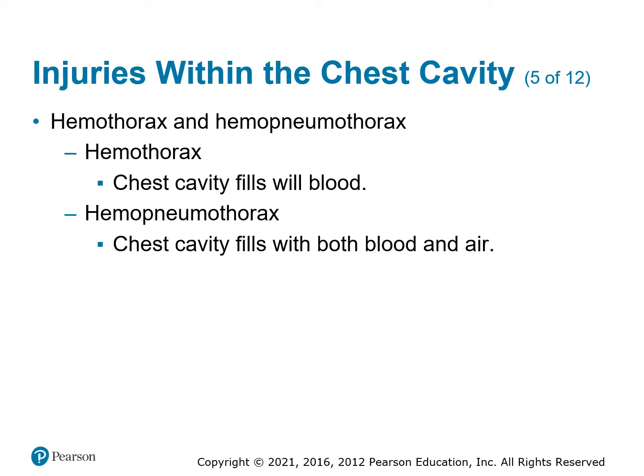And then finally, the hemopneumothorax is just the two put together. Hemo is going to be blood, pneumo is going to be air. This is a combination of both things, where the chest cavity is going to fill with blood and air, compressing the lungs down.